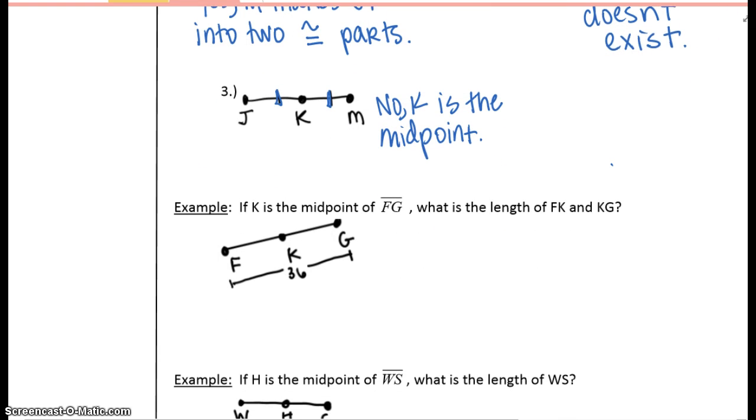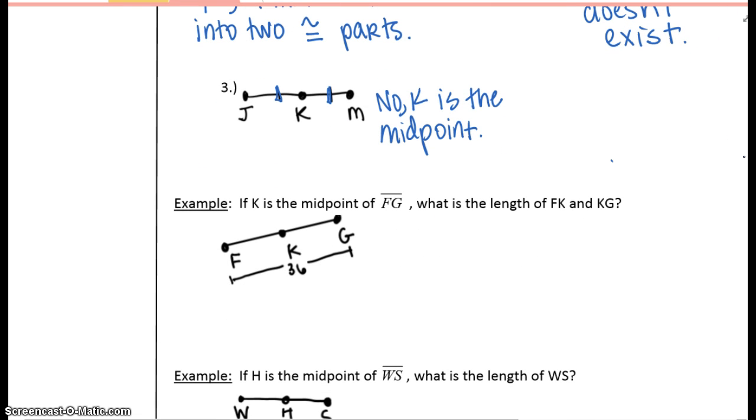All right, let's go down here. Example, if K is the midpoint of segment FG, then what's the length of FK and KG? Well, if K is the midpoint of FG, then these two segments here are the same length. In other words, FK must equal KG. Well, if that's a midpoint, then wouldn't you say that these are both half of FG?